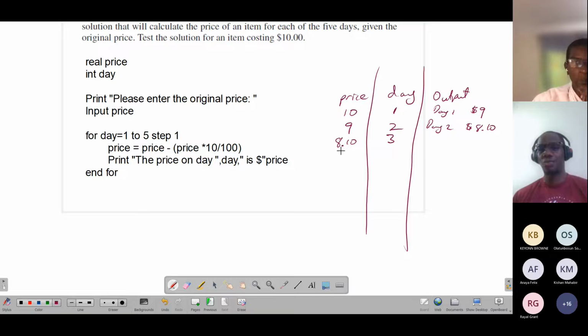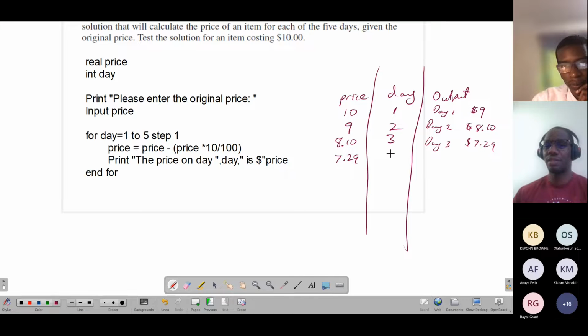And we have to minus 81 cents from that. So could somebody just give me a quick 7.29. Thank you. 7.29. And so we print out day 3 is $7.29.